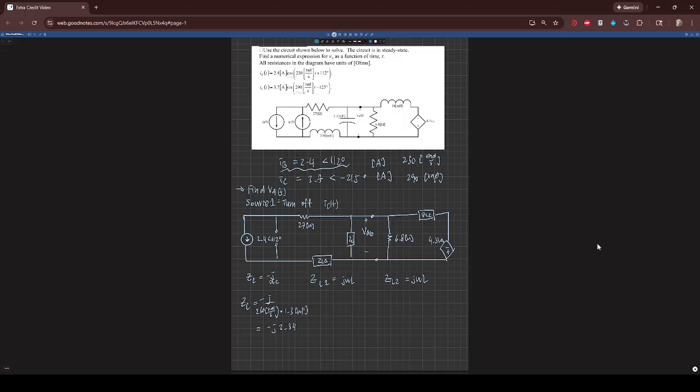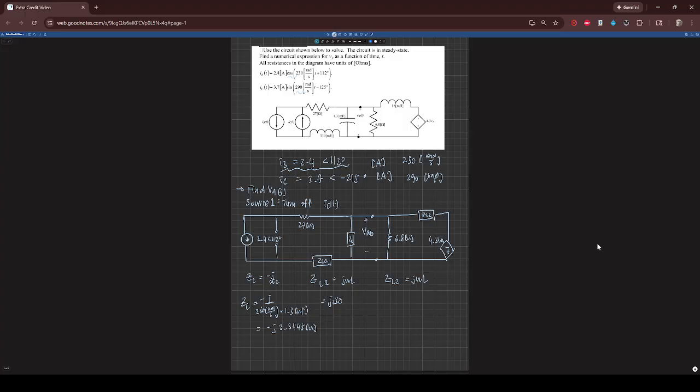And then for the first inductance, 230 radians per second times 330 millihenries gives us j 75.9 ohms.